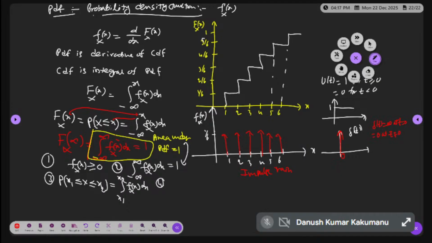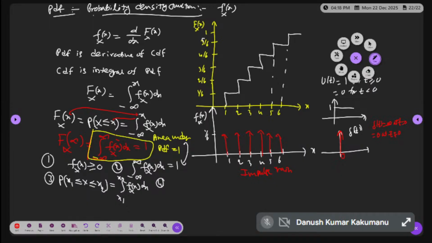Coming to the next, fourth point, write down: nature of the PDF is continuous and it is useful to represent continuous distributions like what are the continuous distributions?